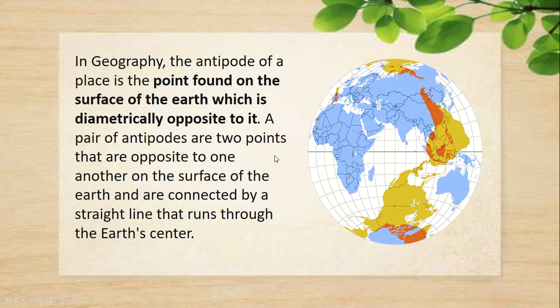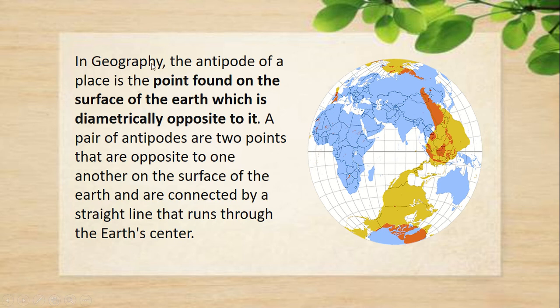A pair of antipodes are two points that are opposite to one another on the surface of the earth and are connected by a straight line that runs through the earth center. So this earth center, it is one point here and another point is here. So one point will be the antipode of the opposite point.